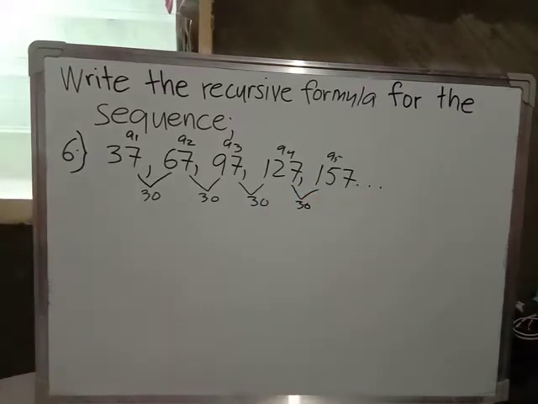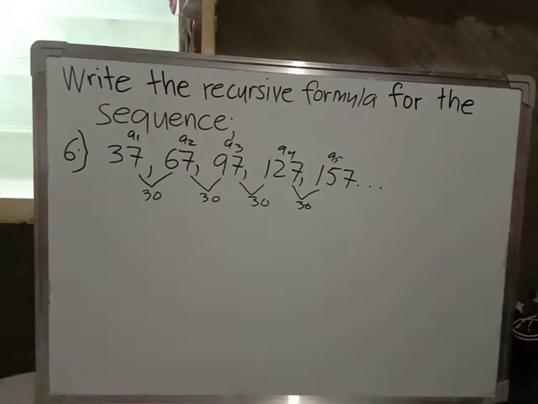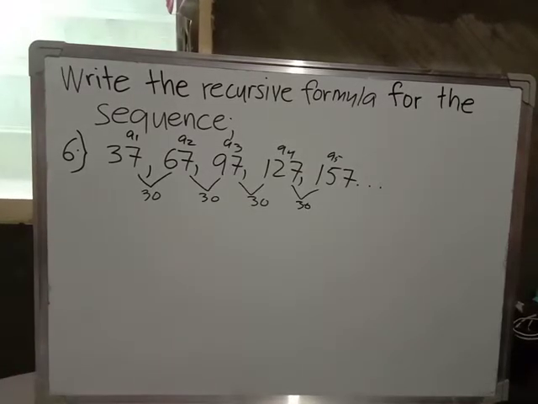So common difference siya. So instead of recursive formula, pwede natin siyang mahanapan ng explicit formula kasi constant yung difference niya. Ipaliwanag ko nga yung recursive formula at explicit formula, hindi naman po talaga sila magkalayo.